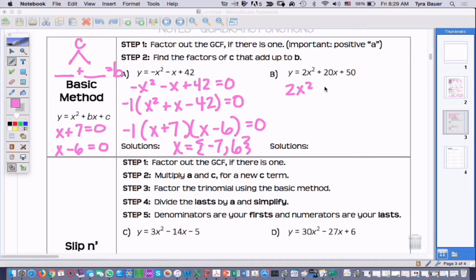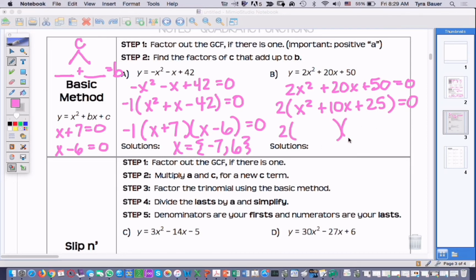All right, letter B. Okay, we have 2x squared plus 20x plus 50 equals 0. What's my GCF? 2. So I have left over x squared plus 10x plus 25 equals 0.